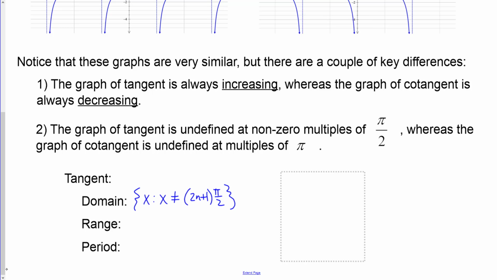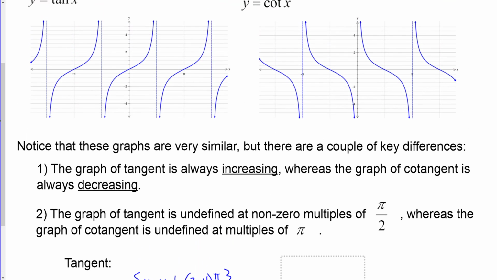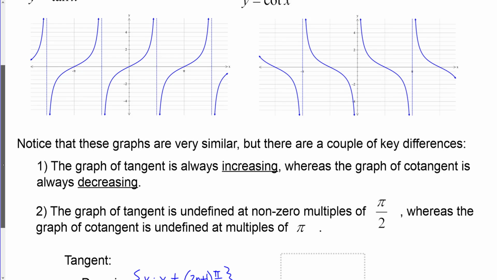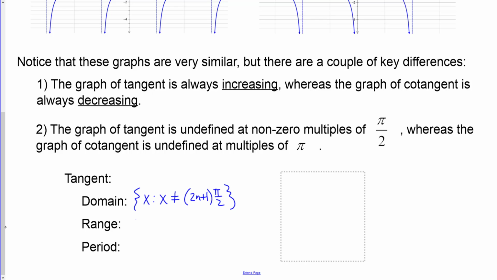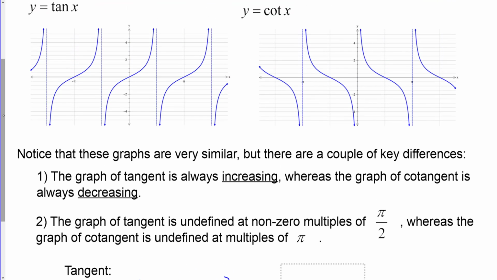The range, if you look at the graph of tangent again, if you squashed the graph of tangent up against the y-axis, you would have some point on the entire y-axis, which means that the range is actually negative infinity to positive infinity. The period, let's look at the period. So we know the period is how long it takes for the cycle to repeat itself.